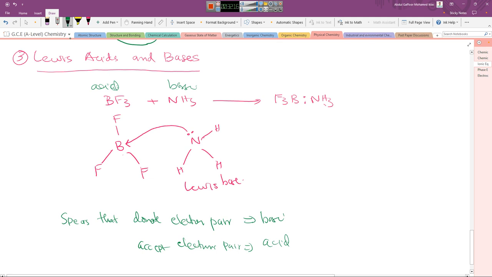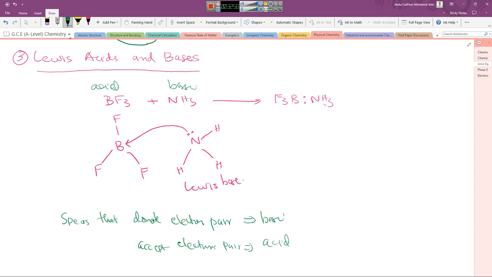Now here we can apply these Lewis acids and bases to electron deficient molecules and ions, and molecules with lone pairs. For example, if we have AlCl3, Co3+, Mg2+, AlCl3 is a molecule and Co2+, Co3+, Mg2+ are ions having electron deficiency, and here we can call them acids as they are accepting electron pairs.